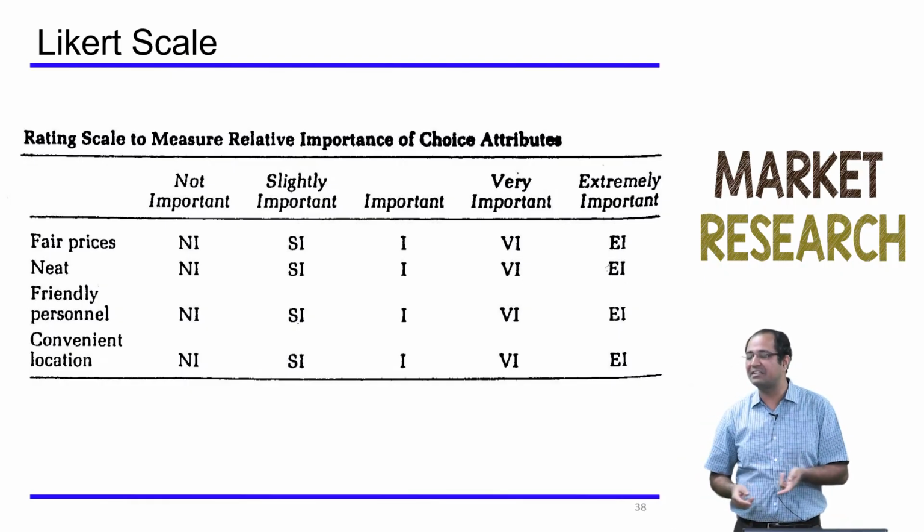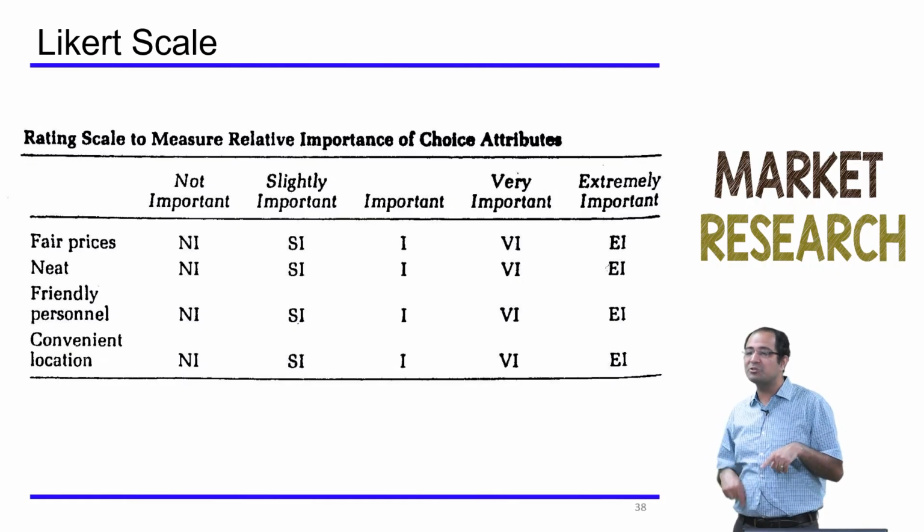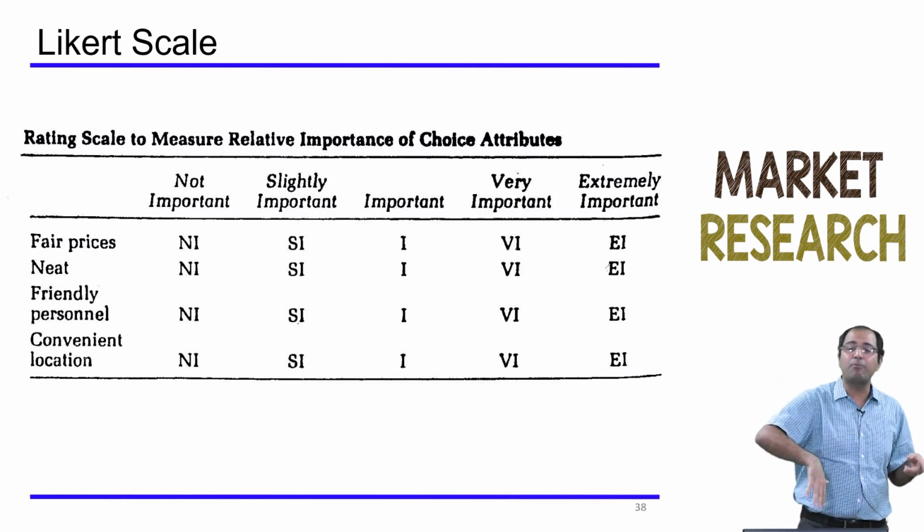This is different. It is comparing the choice attributes, but through rating, which means fair price, how important it is, neatness, how important it is. So you will have a score from 1 to 5. Something which has a score of 5 is more important than the other.